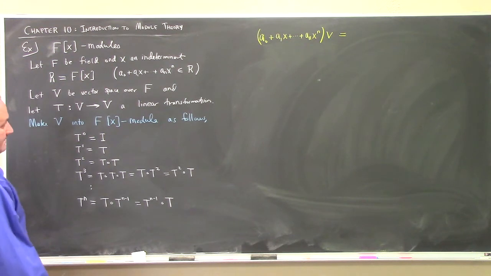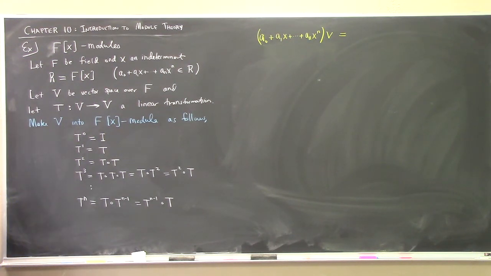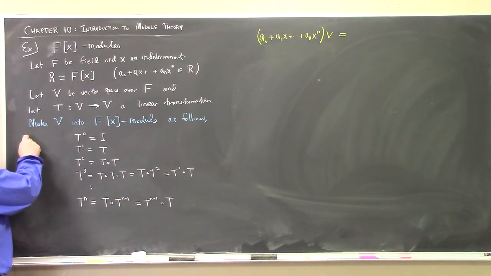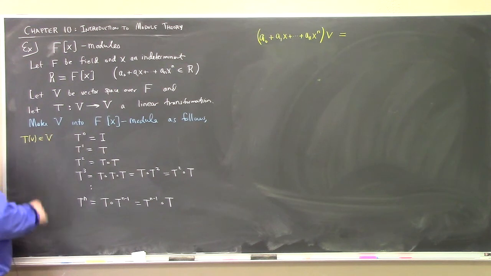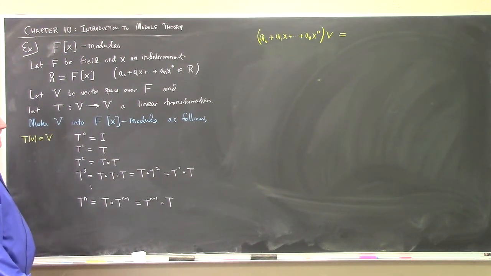T is a linear transformation from V to V. That means, for example, that T of v is an element of V, right? And this is a thing in R actually acting on V. We need to get back a vector again.